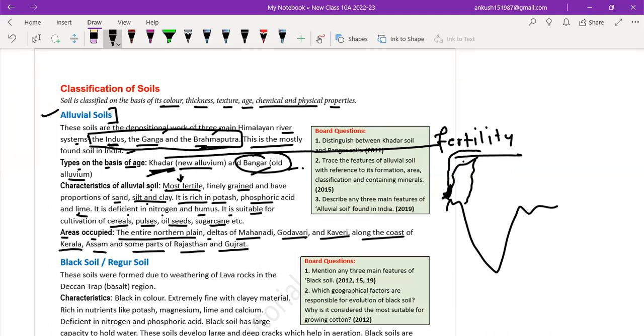That is why it is said that it is formed in the narrow corridor of Rajasthan and Gujarat, and it does not cover most of the area in Rajasthan and Gujarat. A very small proportion of area is covered with alluvial soil, very small.